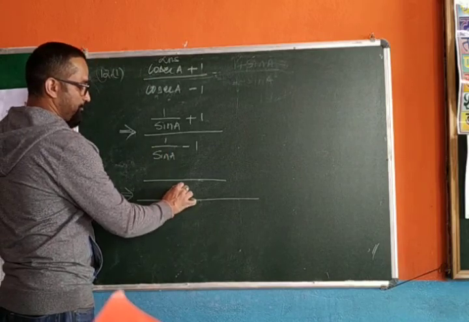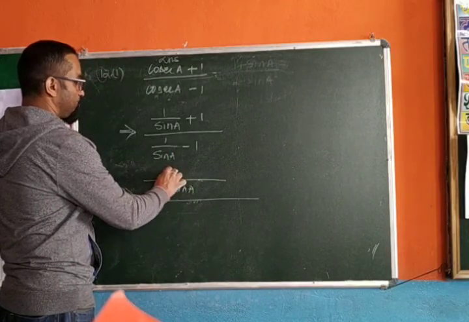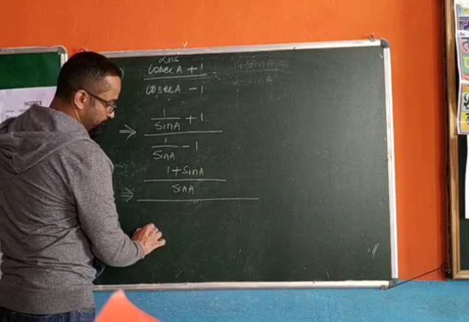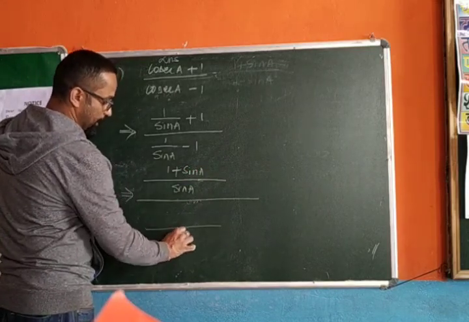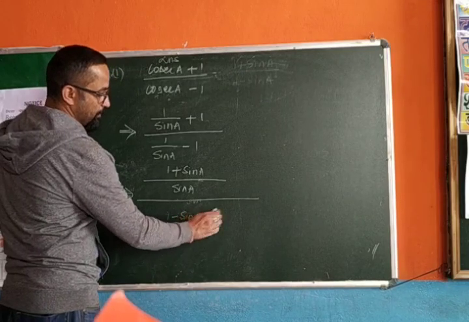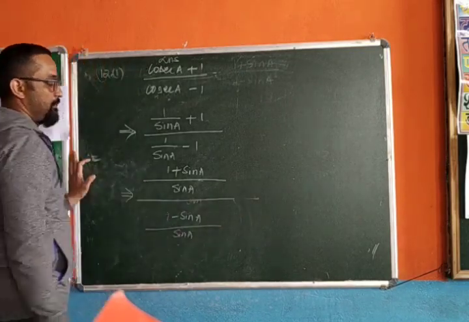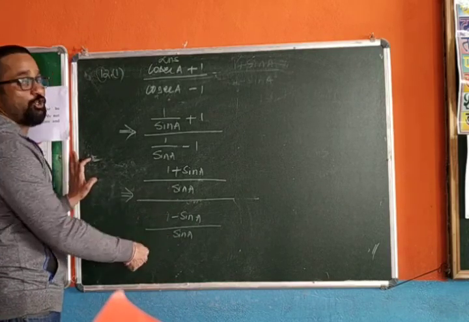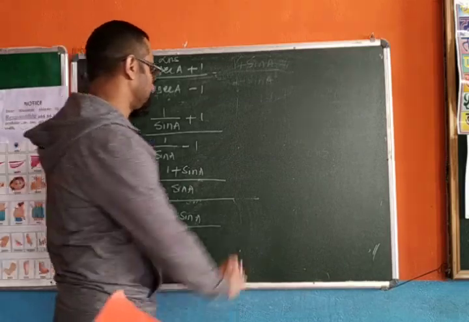The LCM is sin A. You get 1 plus sin A. LCM of the denominator, again sin A. You get 1 minus sin A.